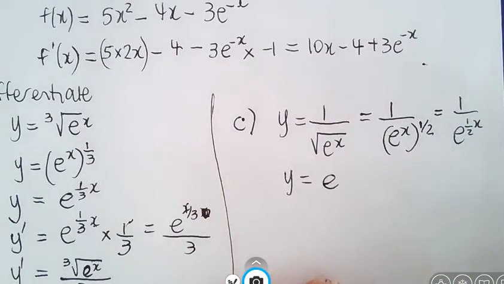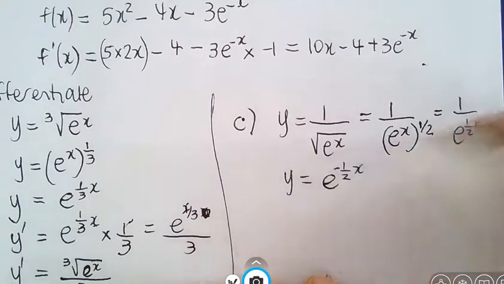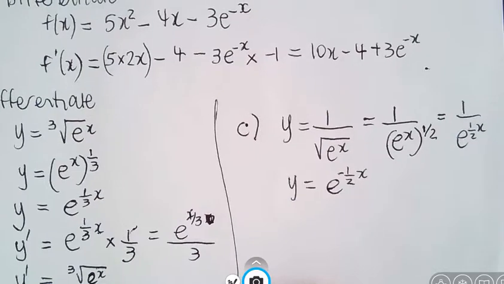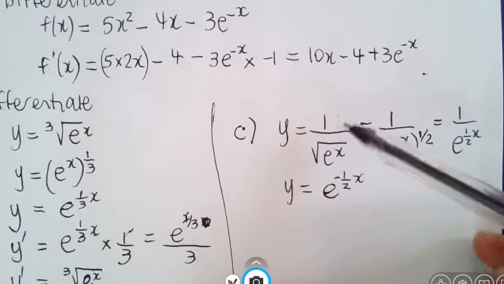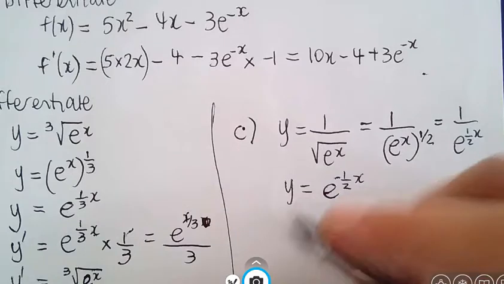E to the, I need to bring it up to the numerator, negative a half x. Once I've changed the way it looks and put it into the format that I know how to differentiate, which is e to the x or e to the function of x, I can now continue. There is no rule for differentiating 1 over something, 1 over the exponential. You have to write it with a negative power.